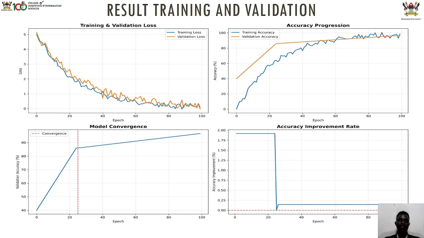Then model convergence: it started training and then reached a certain point where it began to level off. Accuracy improvement rates, as you can see on the graph, with more epochs, that's how its accuracy was increasing, up to a certain point.